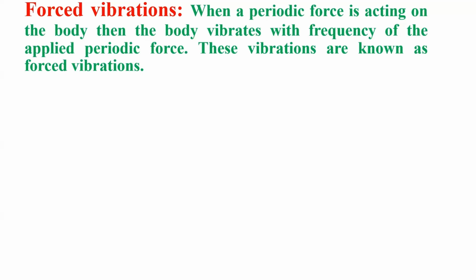If it varies periodically, we can write that force as F sin pt or F cos pt. What is this p? It is the frequency of the applied periodic force. For example, if we apply a periodic force of F sin pt, then the body vibrates with frequency p.